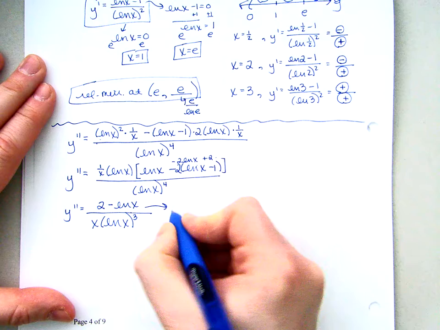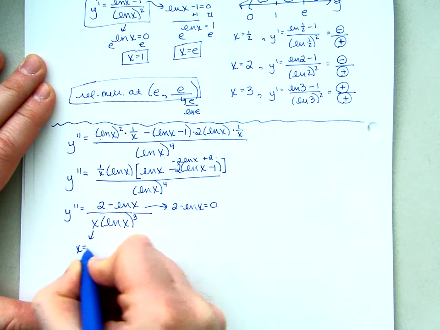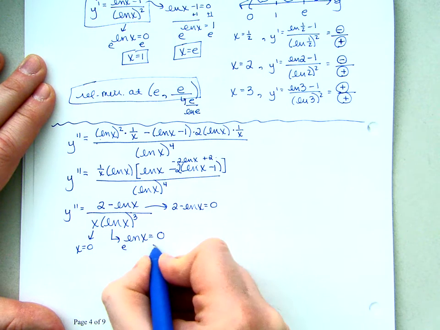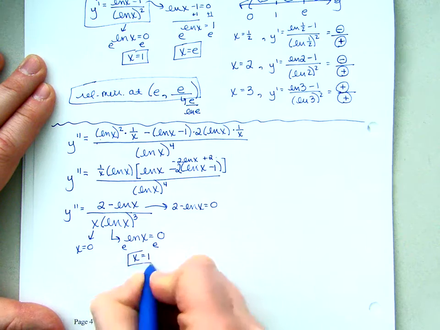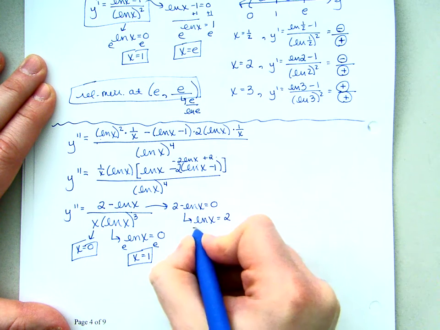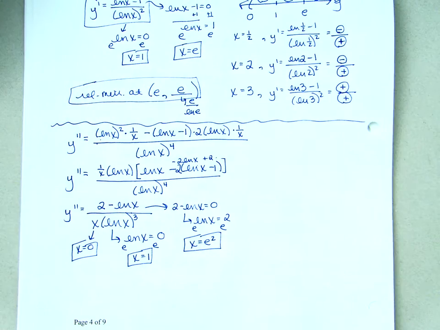Set the denominator equal to 0 as well, although that shouldn't be too terrible. I'm getting 0, 1, and e squared.